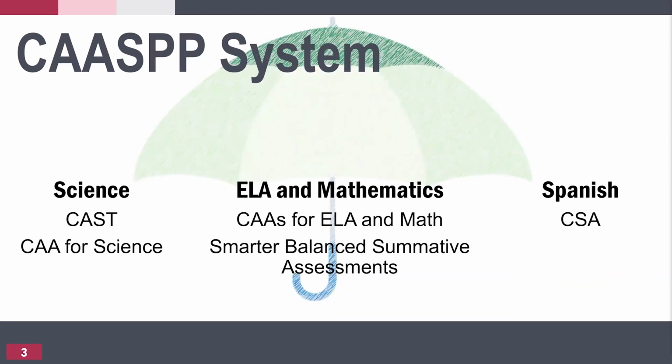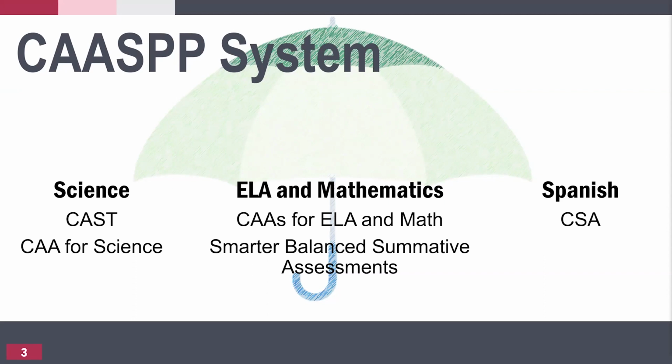CAASPP, or again, California's Assessment of Student Performance and Progress, is the main system of achievement tests. The CAASPP system is portrayed as an umbrella, illustrating how it encompasses several assessments in multiple content areas and serves students from different populations. For science, there is the California Science Test, or CAST, as well as the California Alternate Assessment for Science.